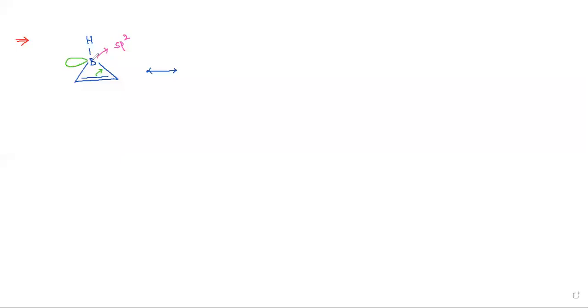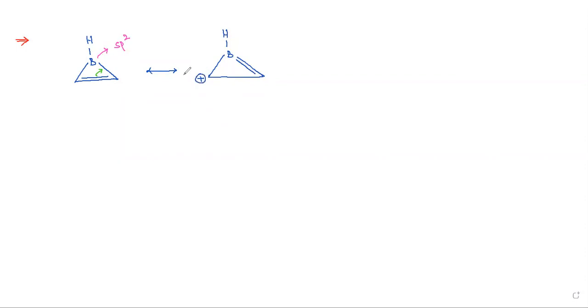Can be shown this way. A vacant p orbital. That is the reason why we are considering sp2. So that if you got a vacant p orbital, you can accommodate the electrons. Now, these are the electrons that are coming to you so that the vacant p orbital can accommodate these electrons.